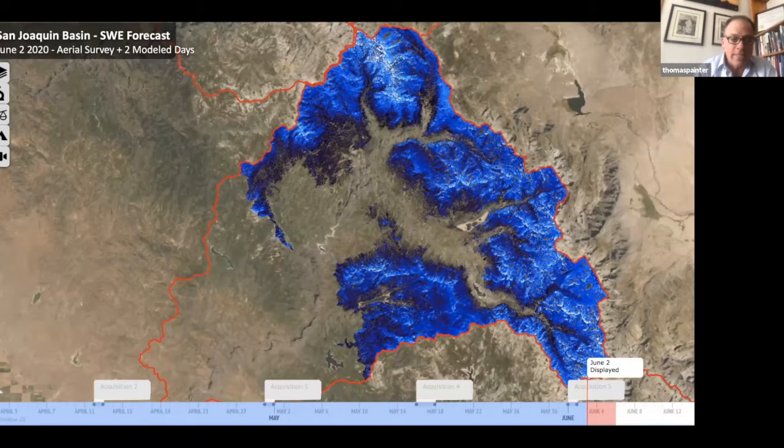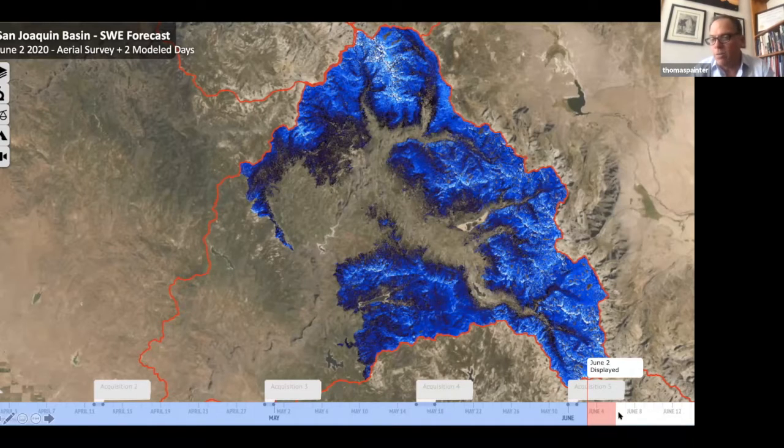So you see the time series down here below. What you're going to be able to do is click on, okay, when was the acquisition? And when you click here, say on acquisition 4, you will see the observations from ASO. If you click on, say, May 14th, you'll see the model results from that date as they have been constrained by the ASO data.